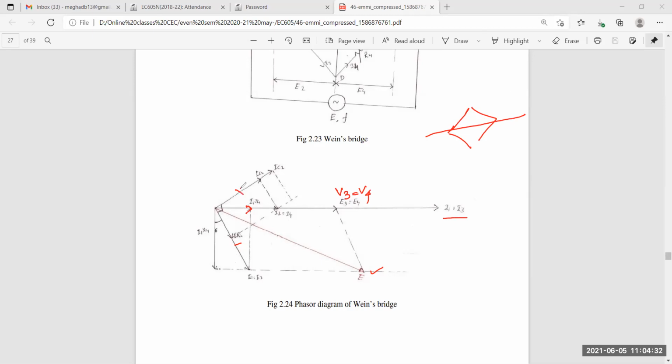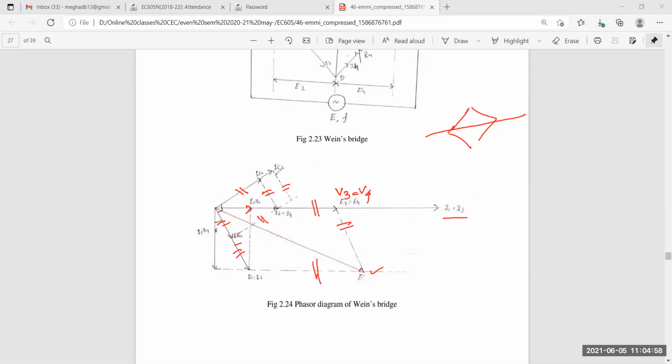Now this line is parallel to this line. We have drawn this line parallel to this line, and this line parallel to this line, and so on. This diagram is based upon the circuit diagram.